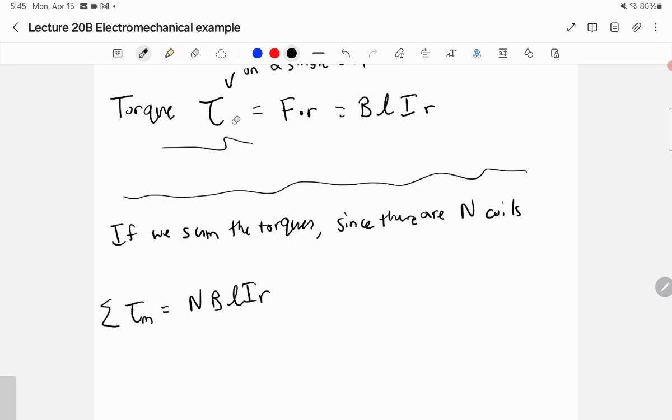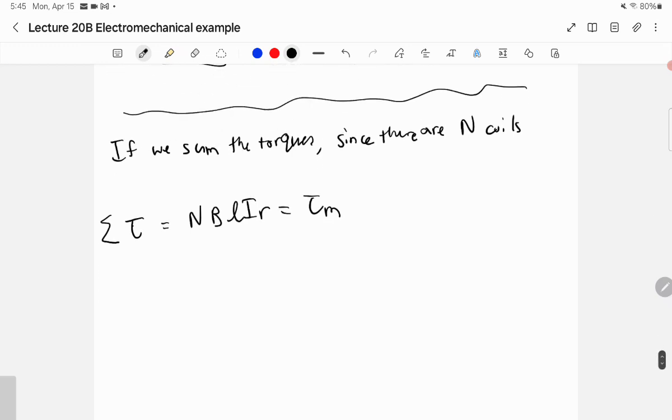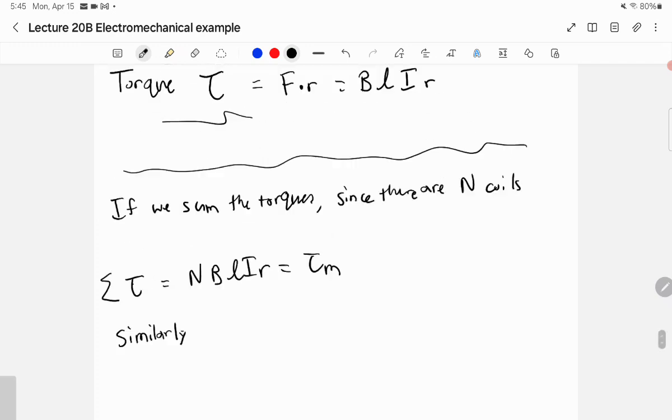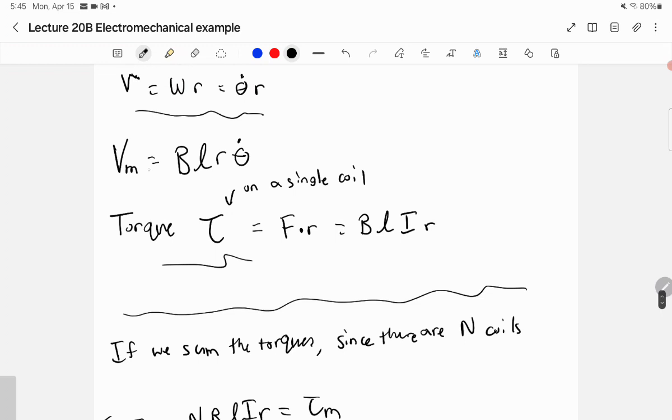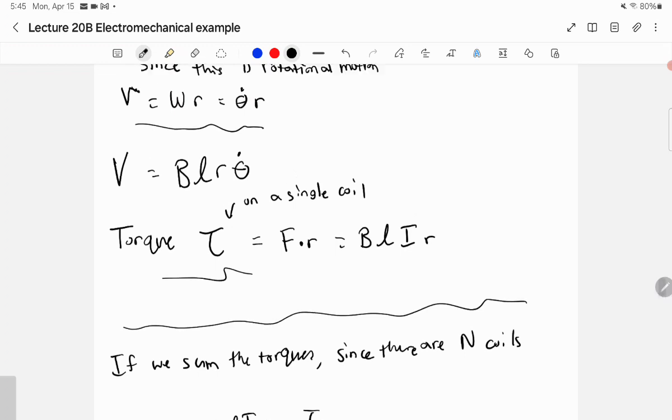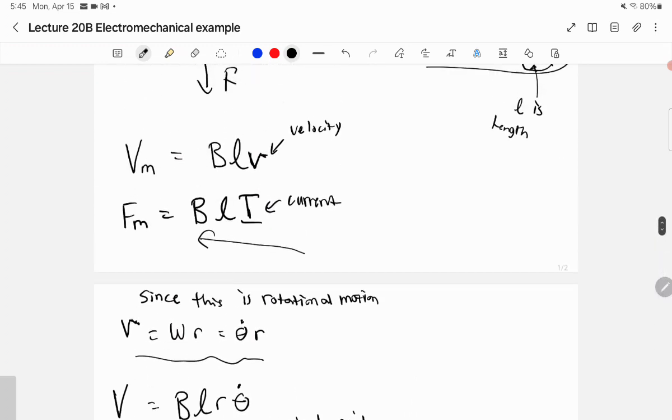I'm going to call this tau, and then this will be my tau m. And similarly, let's just call this V for the moment. I'm going to get rid of the subscript m here.